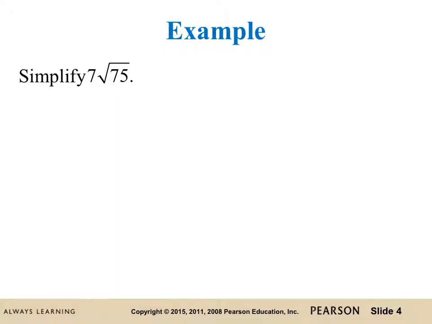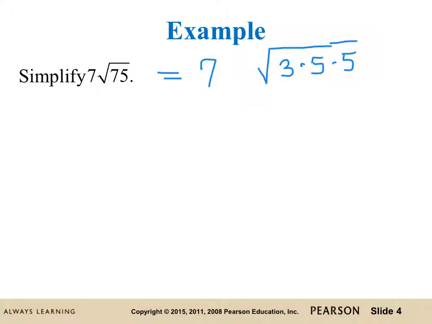Now, if we're trying to simplify 7 times the square root of 75, then what we need to do is take that 75 and break it down into its prime factors, which is 3 times 5 times 5.